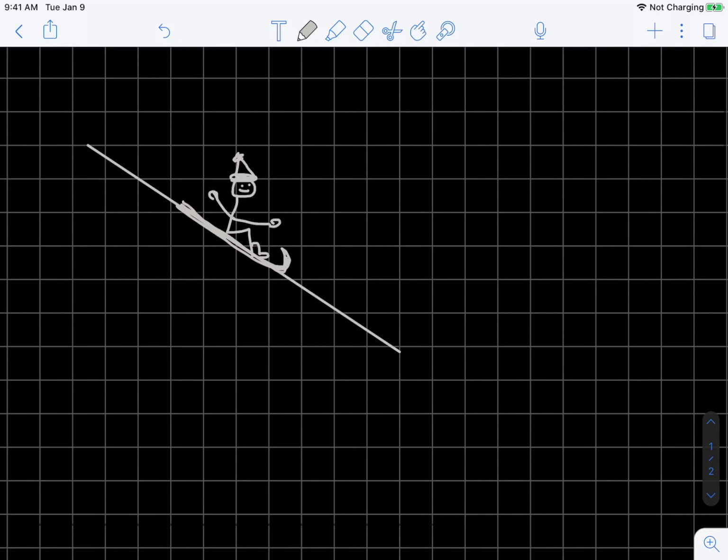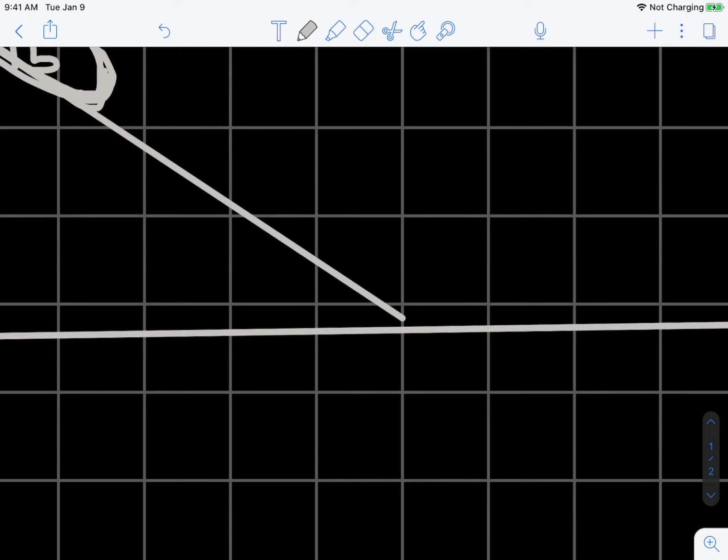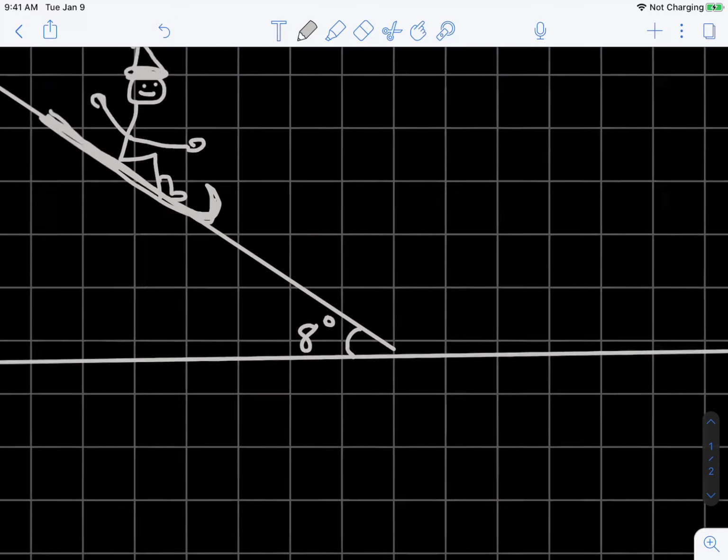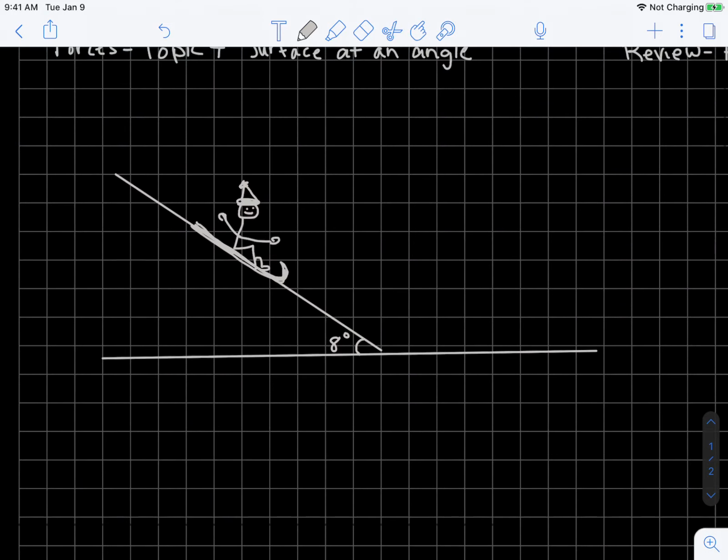So there's your kid going down the hill, and the hill is at an angle, and generally the angles of hills, even some of the steepest hills you've been on, are relatively small angles. So let's just make this one at an 8-degree angle. Okay?